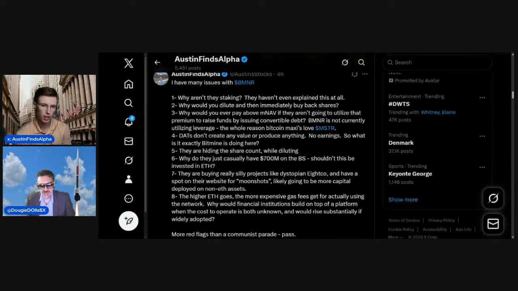Because I thought that was the whole purpose of the digital asset treasury company, is that you're going to use the premium MNAV to issue convertible debt that's not due for a few years. You'll take that cash, buy Ethereum, and then when it goes higher, you'll have even more MNAV. Yeah, but he's still purchasing with what he's got. He's not out of cash yet.